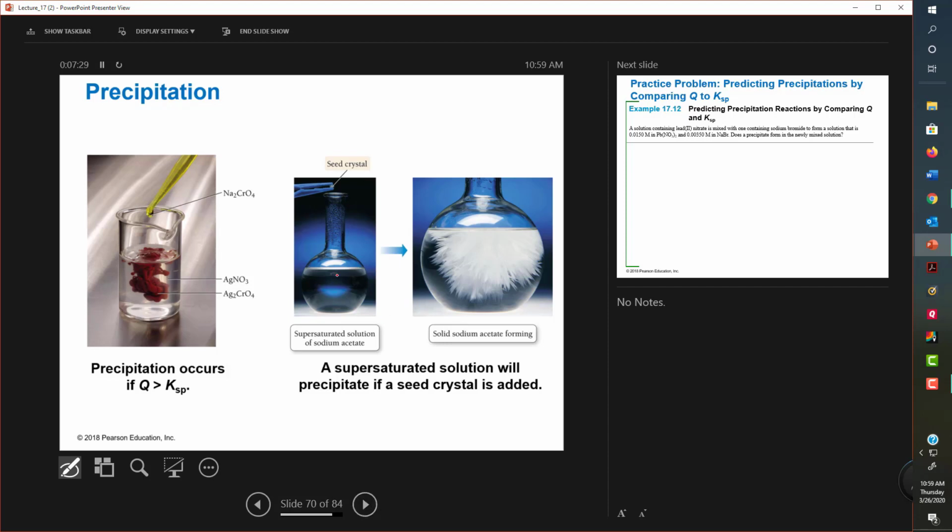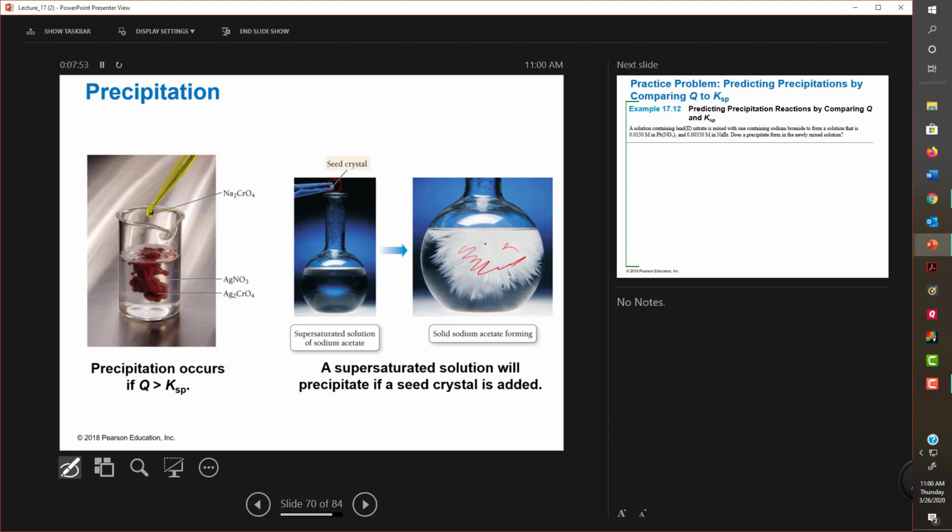This solution, if you look at it right now, looks like an unsaturated solution, or it could be a saturated solution. We can't tell. It's all clear. It's colorless. And then they have one little crystal up here, and they drop the one crystal into the solution, and bam, all of this forms here.